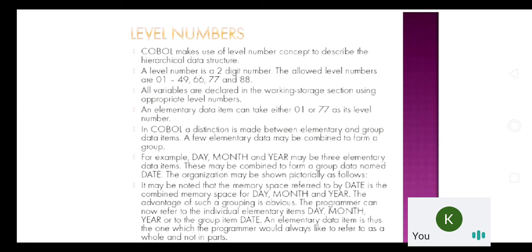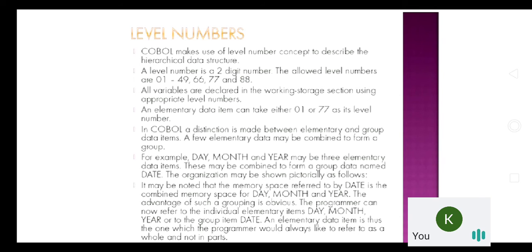By grouping these three elementary data items, we create a group data item. The name of the group data item here is date. This first example gives you a clear idea of how we use the level numbers for your data items.